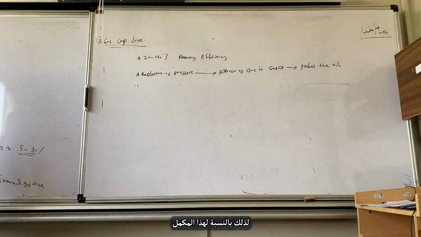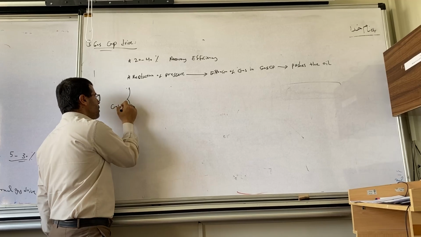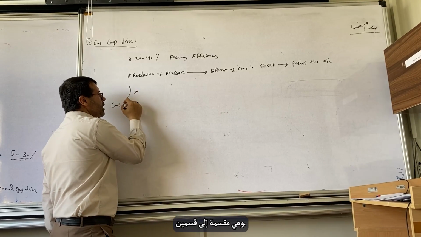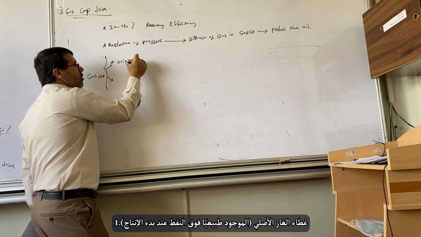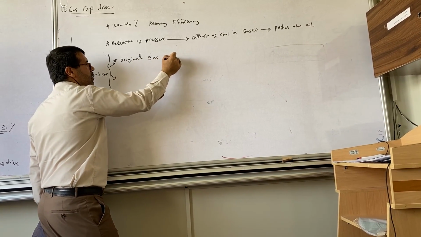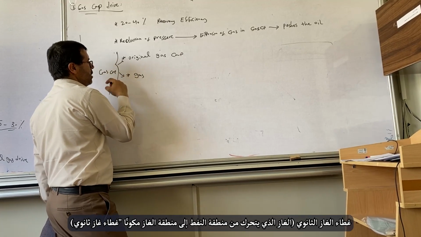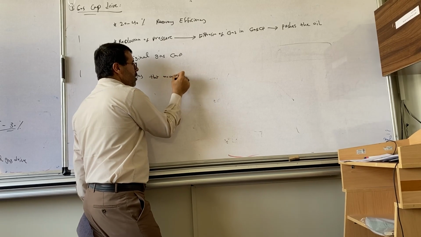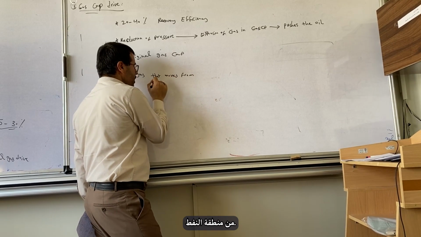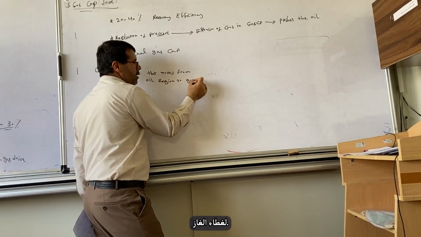For this one, remember, when we are talking about the gas cap, it is divided into two parts. First, the original gas cap, and the gas that moves from the oil region to the gas cap.